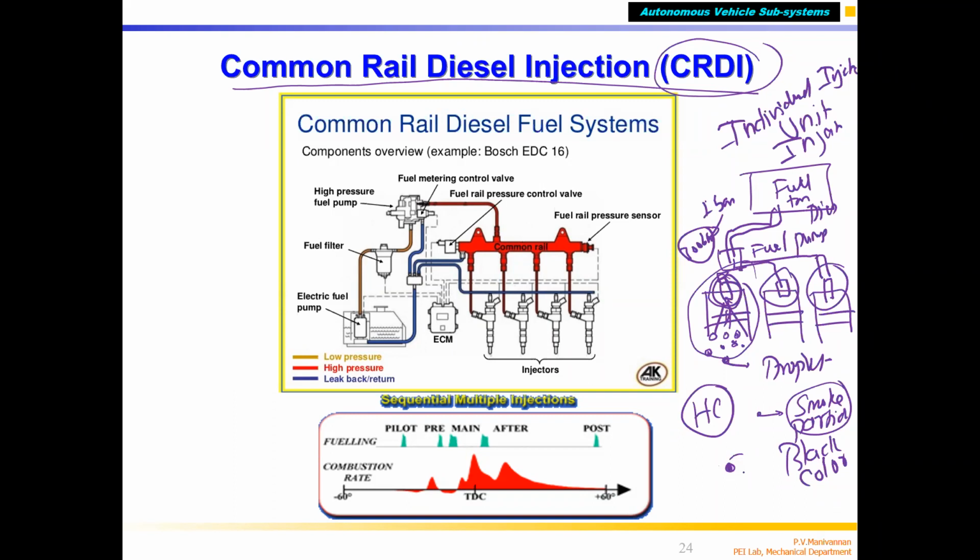For example, if the droplet size is 100 micrometer diameter, maybe 80% burns, and the remaining small percentage becomes partially burned fuel. That's what we call smoke particles, and in correct IC engine terminology it is called particulate matter, PM.